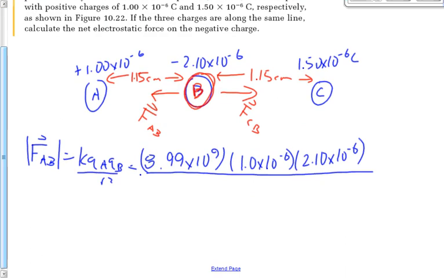All right, so let's put that in now. Let's make sure we put it in meters, though, 0.0115. Do the math on that one. 48.346 newtons.